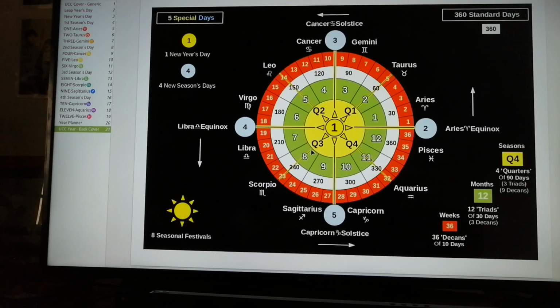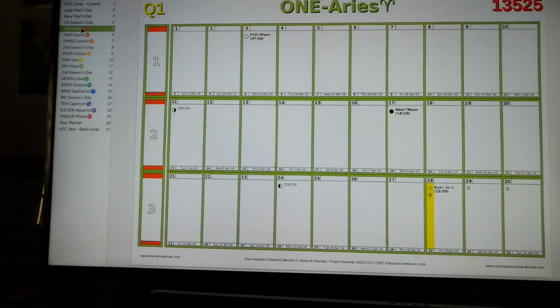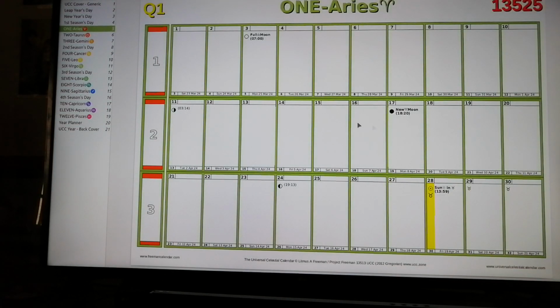Your birth chart shows where everything was at the time of your birth, and if you've got a planet in Aries, whatever degree of Aries your planet is at, that's a date in the tropical zodiac, okay? So that's a date that we can put on the calendar. All right?